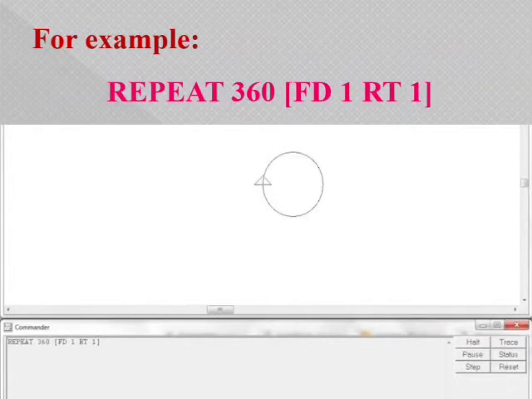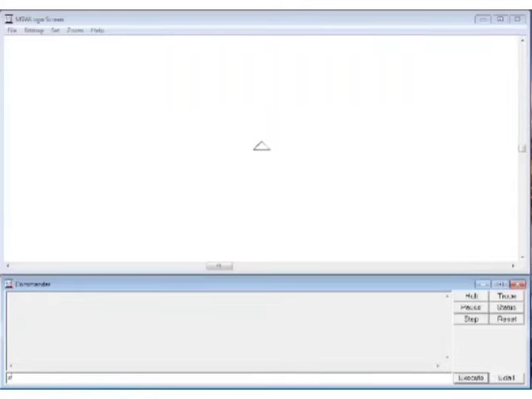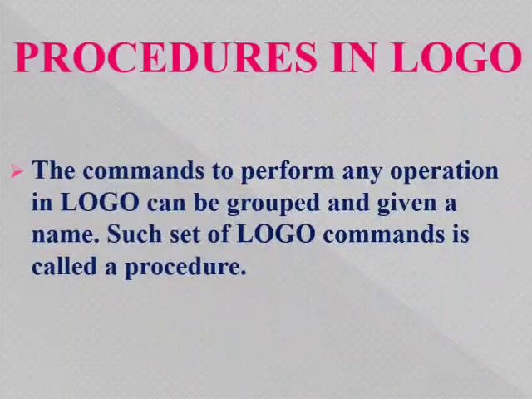The output of the repeat command is shown, that is circle. To draw a circle, we will write repeat 360 FD 1 RT 1. Students, here you can see our circle.